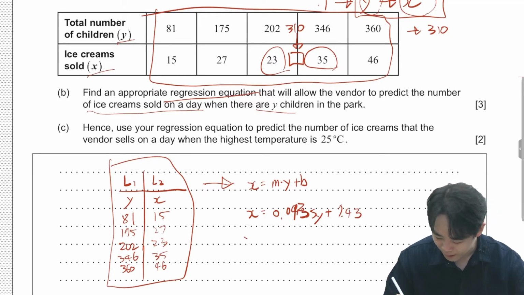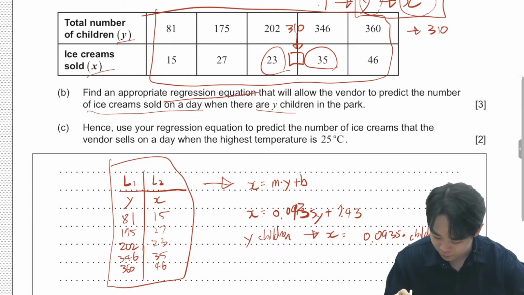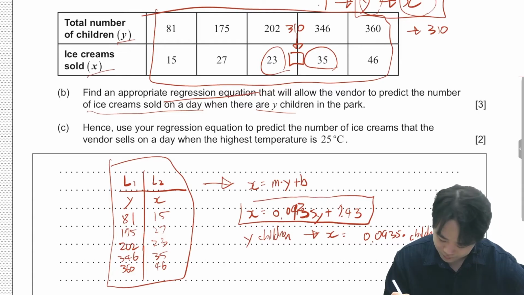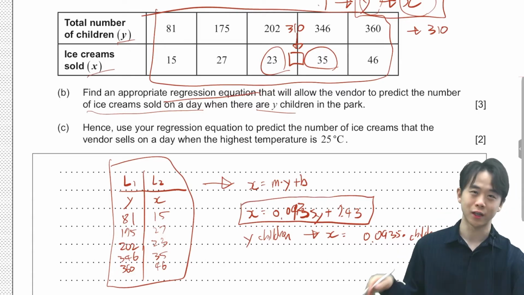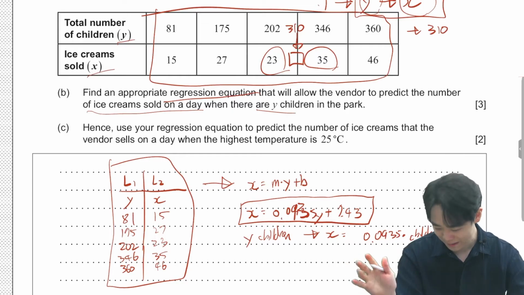So if there are y children coming into the park, then the ice cream sold is going to be 0.0935 times the number of children, and then we add 7.43. So the appropriate regression equation will be this right here. The 3 points are based on how well you use your calculator. If you switch the x and y, you're going to have a bad time, right?